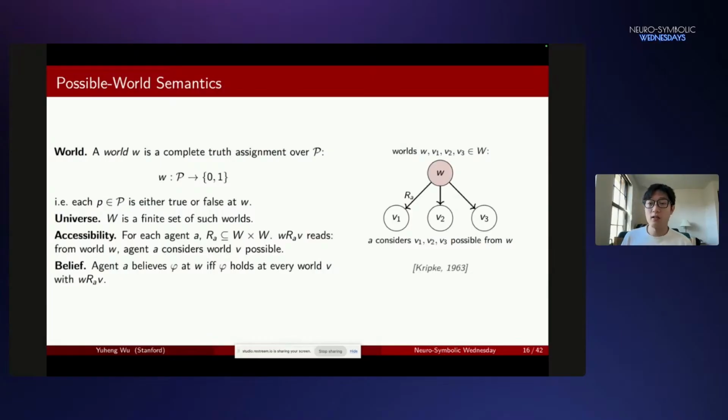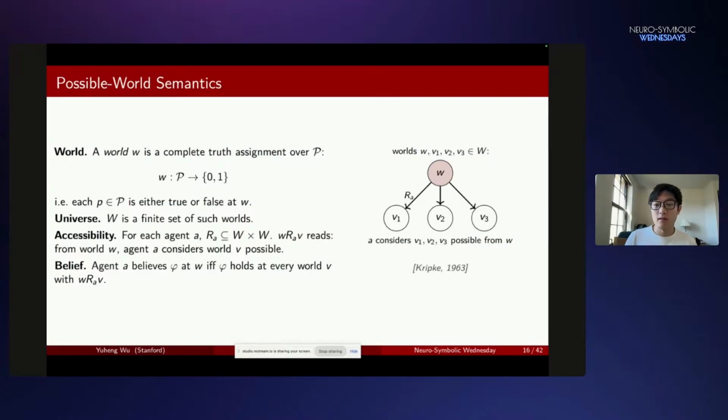For each agent A, we define a relation, kind of like an adjacency matrix. If we write W R_A V, that means from world W, agent A considers world V possible. Now how do we define belief?